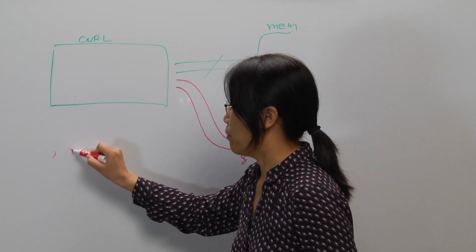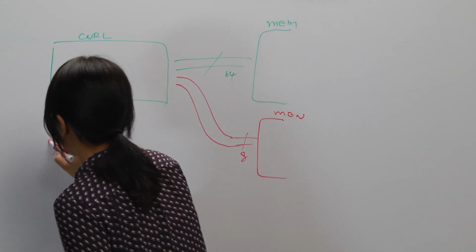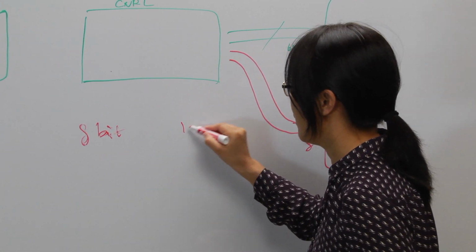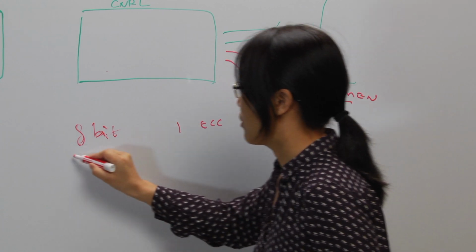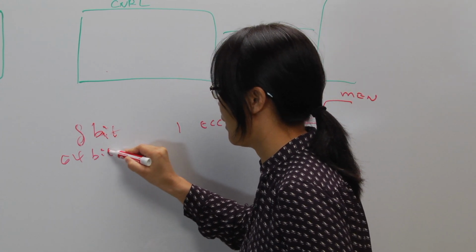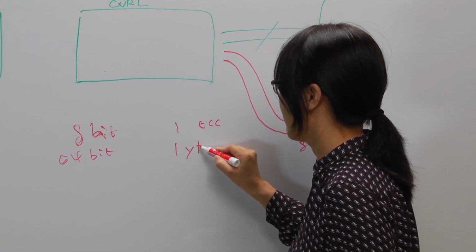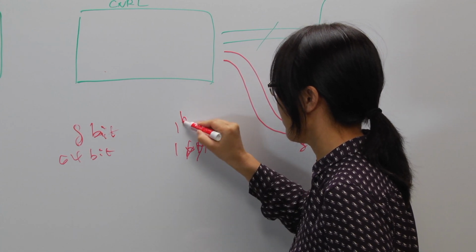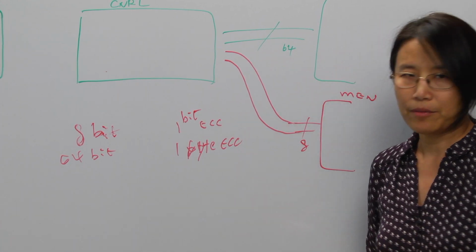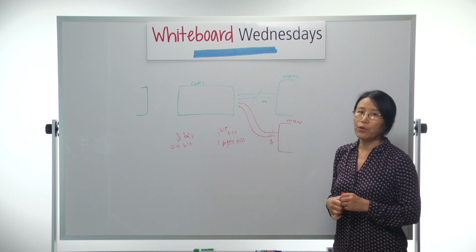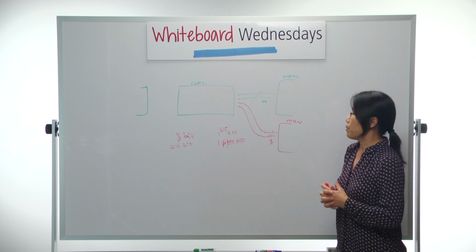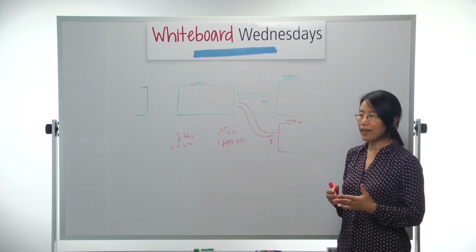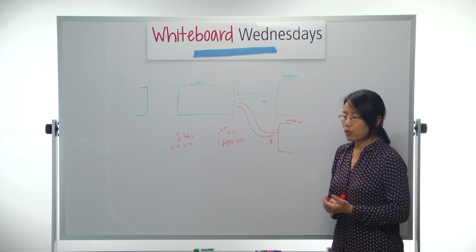Let's see, 8 bits of data will have a 1-bit ECC code, so 64-bit data will have a 1-byte ECC code.